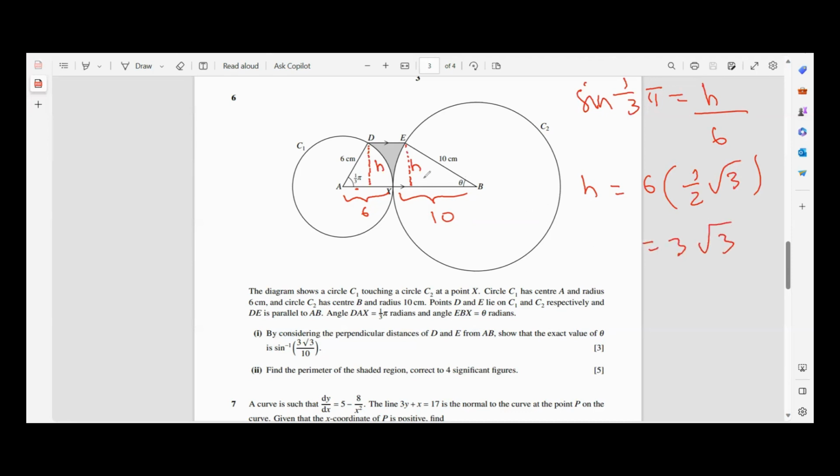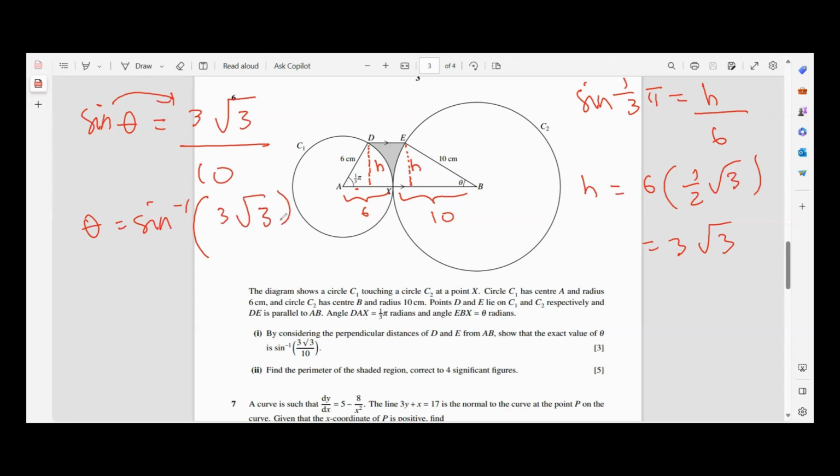Now we can find theta: sine theta equals opposite h over 10, which is 3 square root 3 over 10. So theta equals sine inverse of 3 square root 3 over 10. So that is for part I.